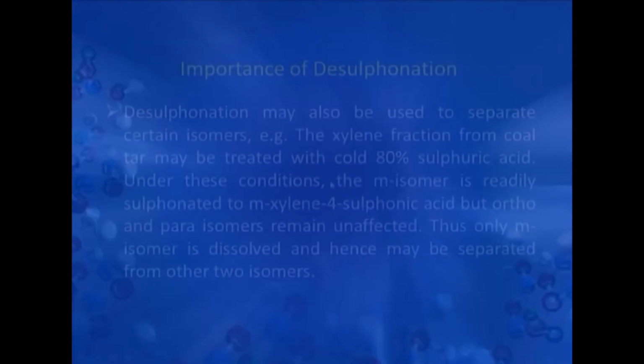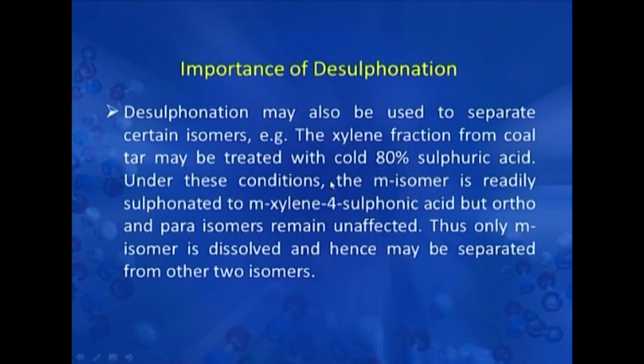That we can do by the desulfonation reaction. See, desulfonation may also be used to separate certain isomers. For example, xylene fraction from coal tar may be treated with cold 80% sulfuric acid.